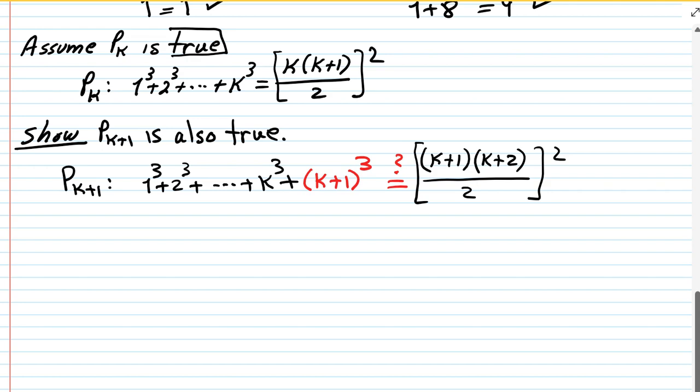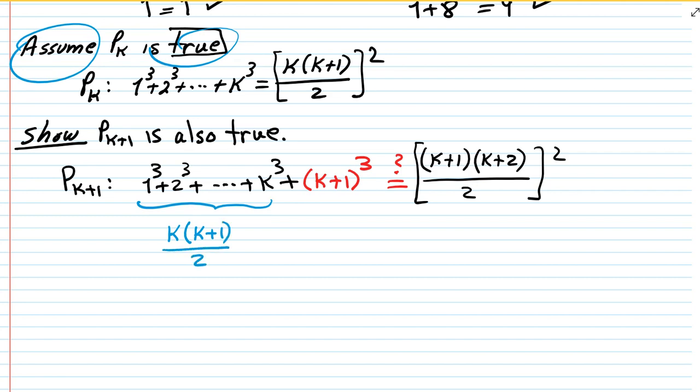Can we show this? Now, like the one we did earlier, everything up to k cubed we can assume true. That is our induction hypothesis. So that means the left side up to k cubed can be replaced by k plus 1 over 2 quantity squared.